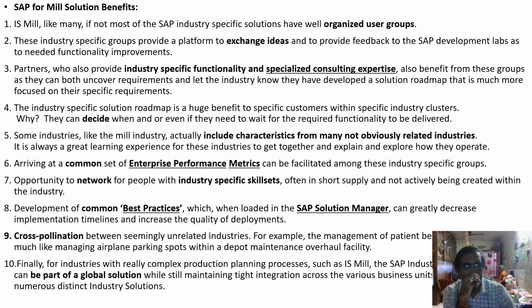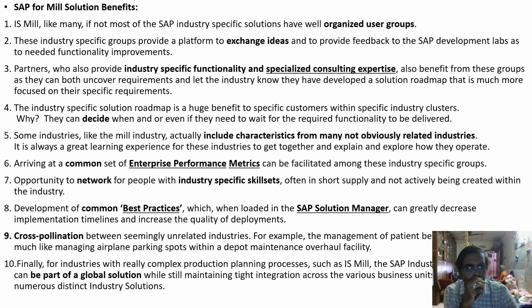And as a fourth point, an industry-specific solution roadmap is a huge benefit to customers in specific industry clusters, because they can decide when, why, or even if they need to wait for the required functionality to be delivered.